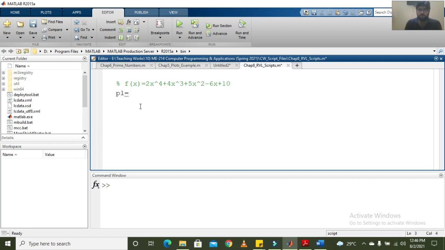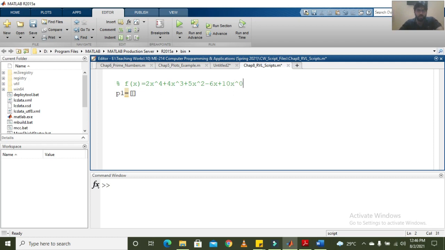The way we can write the polynomial is by using an array. We are going to define the coefficients of the variables. Here we have a variable x to the power 1, then x to the power 2, x to the power 3, and x to the power 4, and this 10 is basically x to the power 0.